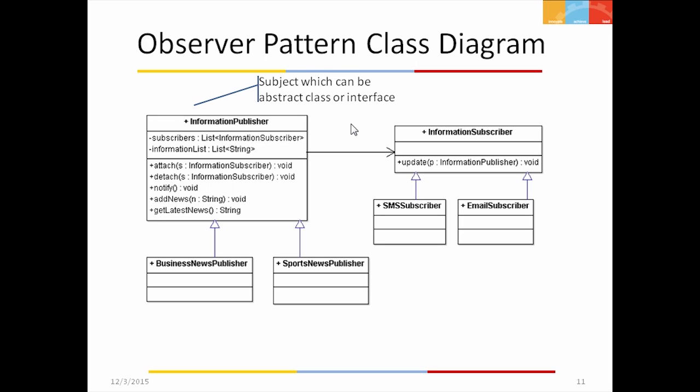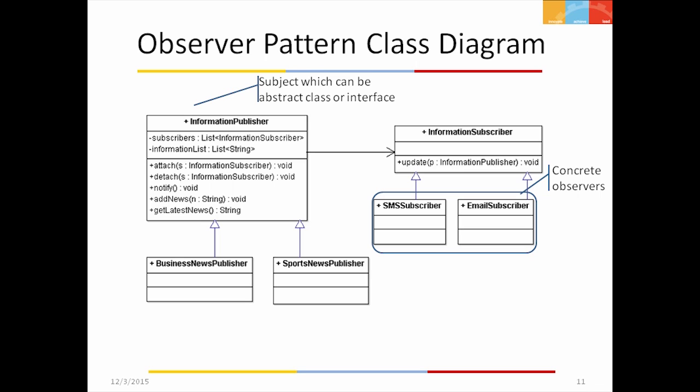So this information publisher essentially is called the subject, which can be an abstract class or can even be an interface. Now these SMS subscriber and email subscriber are called observers. In fact, they are concrete observers. Information subscriber is an abstract observer. SMS subscriber and email subscriber are concrete observers.